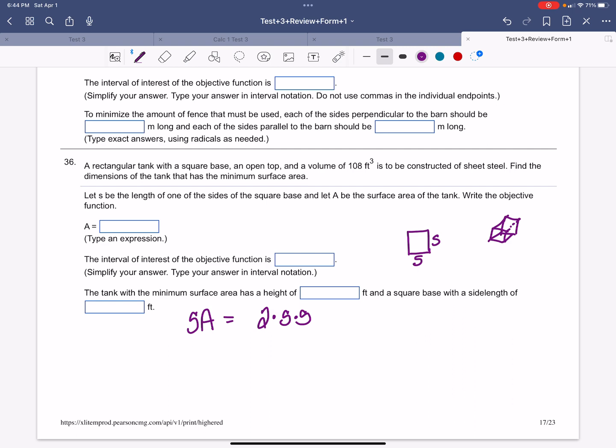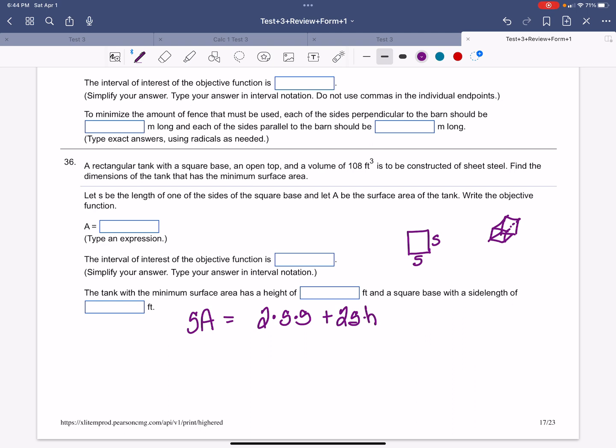Then we would have 2 of the sides right here. The area of this side is going to be S times our height, because all of these sides are the same.